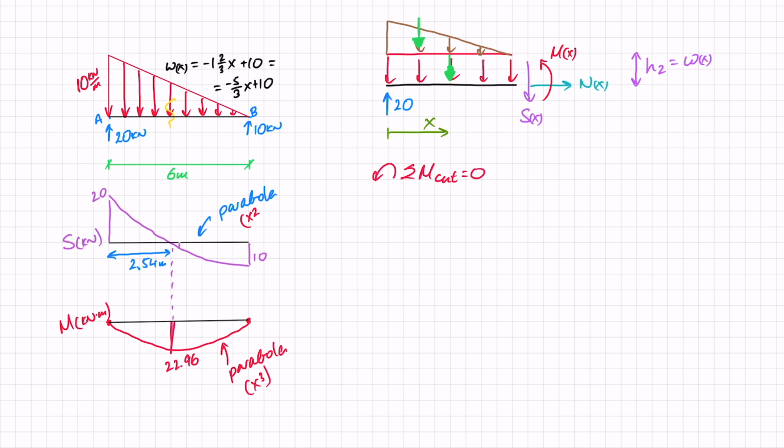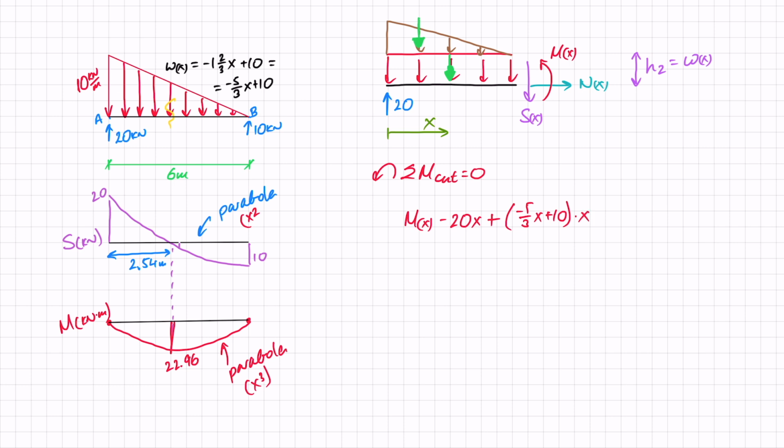Okay, so I've got my moment first of all, so mx. Then I've got my negative moment from my reaction force, so minus 20 times x. Then I have got a positive moment from that rectangle, so that is plus, as we said before, the height is that function that we found, so minus 5 over 3x plus 10, that's the height, times x.